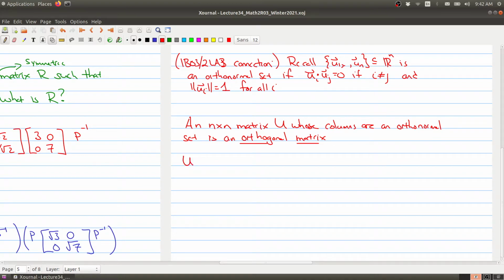And U then has the property that when you take U, multiply it by a vector X and compute the norm, you get the same norm as the original X, for all X inside of Rn.